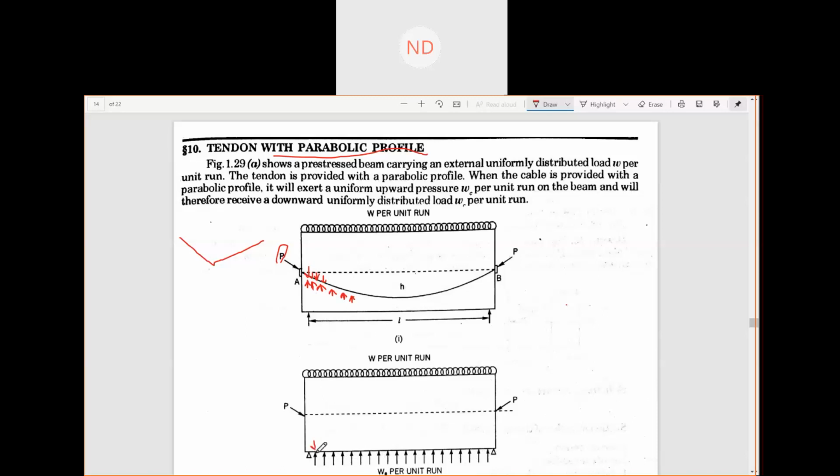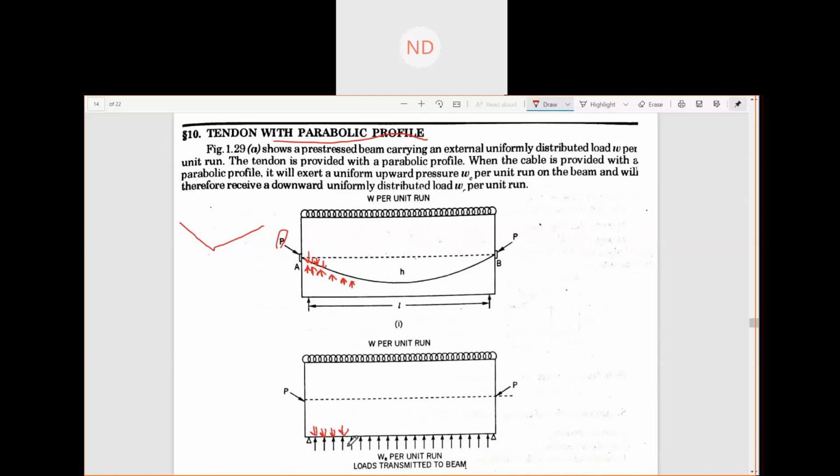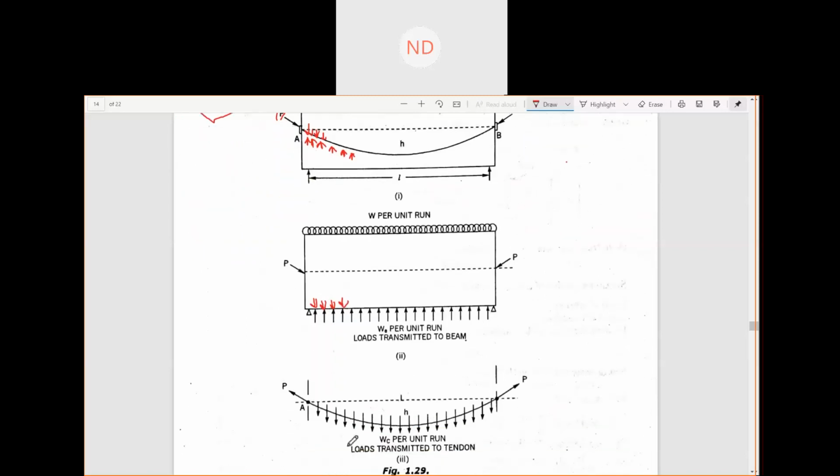That means the upward pressures are trying to counterbalance these downward loads acting per unit run. This is a parabolic profile with a dip of h below the end sections, which are the end points of the cable.